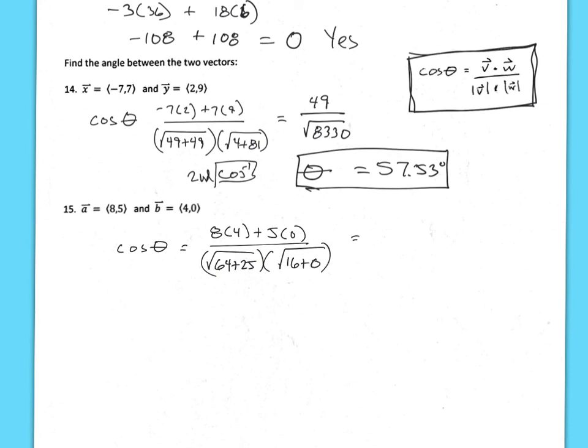So the numerator is 32, and the denominator, this is the square root of 89 and the square root of 16. So we multiply those two things together and we get the square root of 1424. So I put this in the calculator.